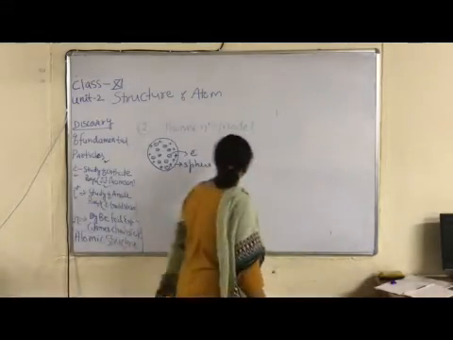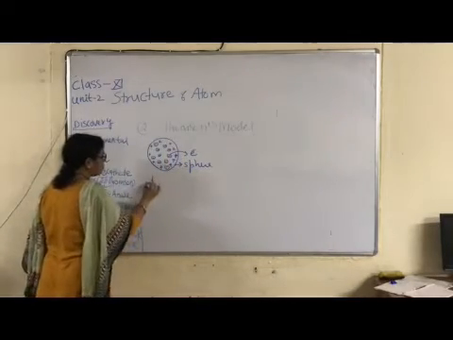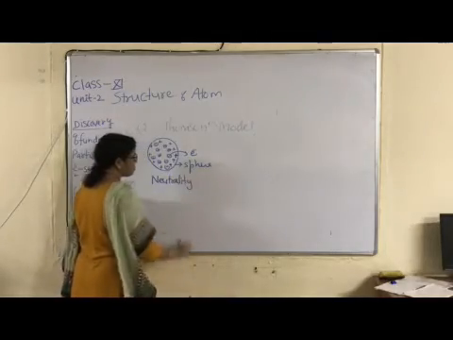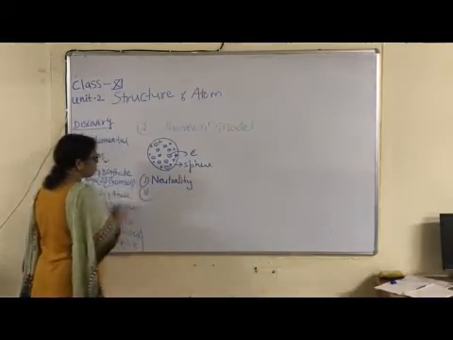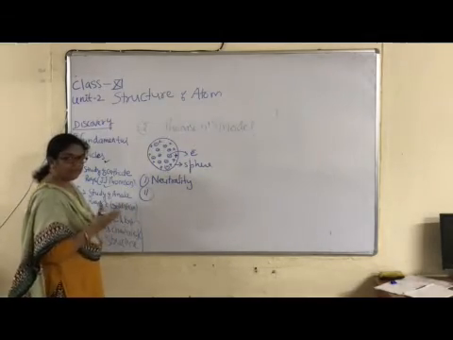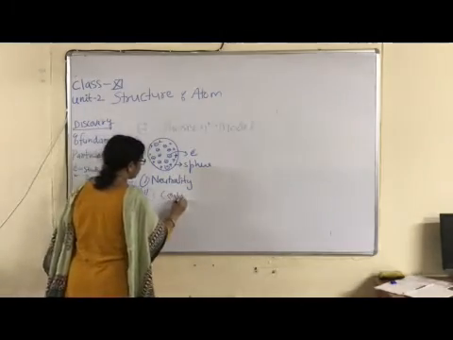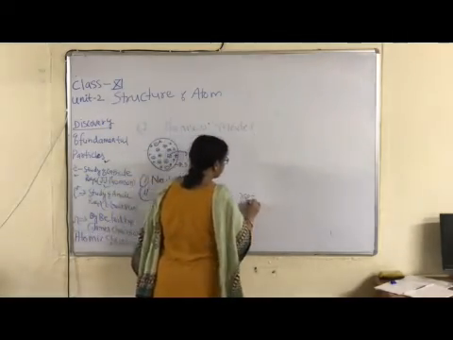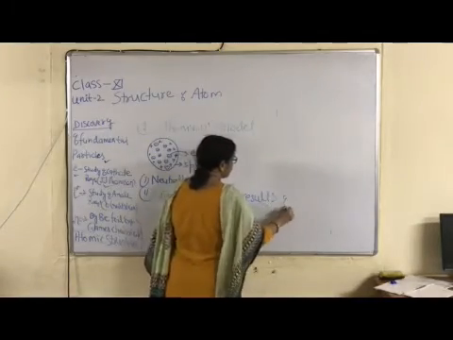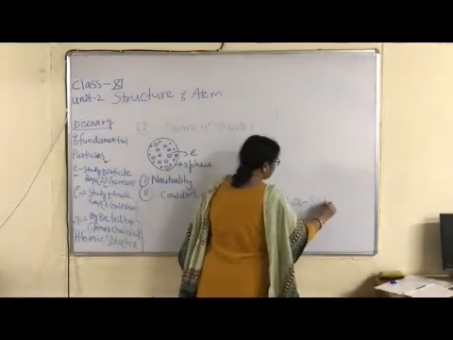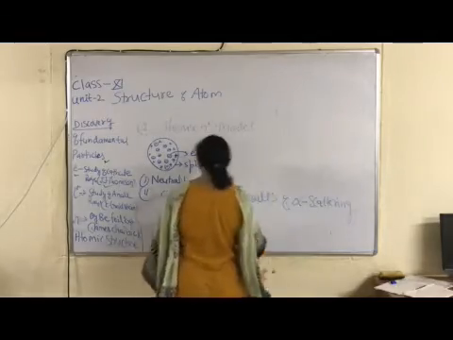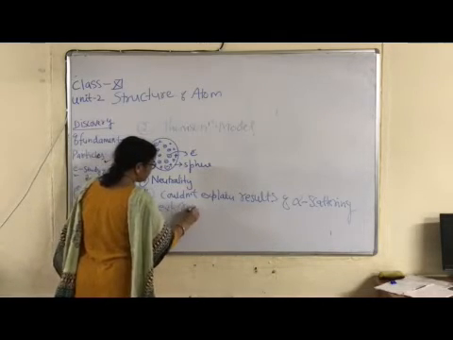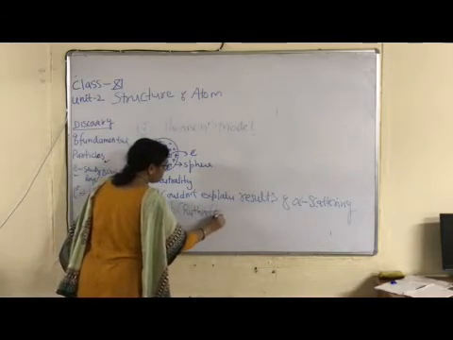Although this model explained the neutrality of the atom, meaning the atom is neutral, this model could not explain the results of the alpha scattering experiment of the scientist Rutherford, right?